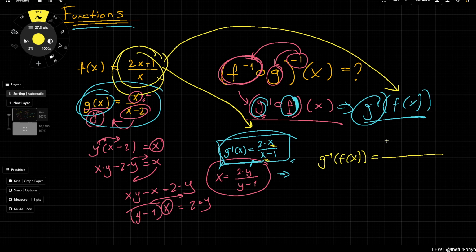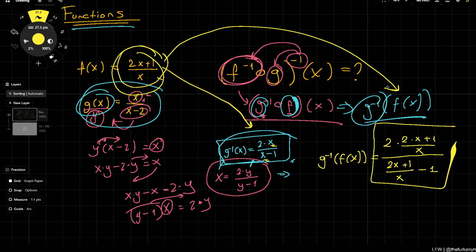So we have x over here, and we're going to write 2 times x plus 1 divided by x, and we have x right here, but I'm just going to use this again. So 2 times x plus 1 divided by x minus 1. Then we have the result.